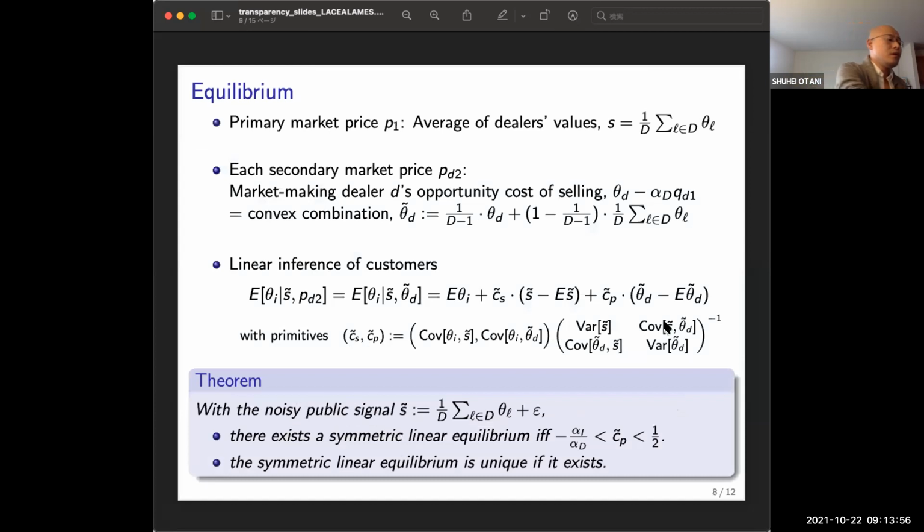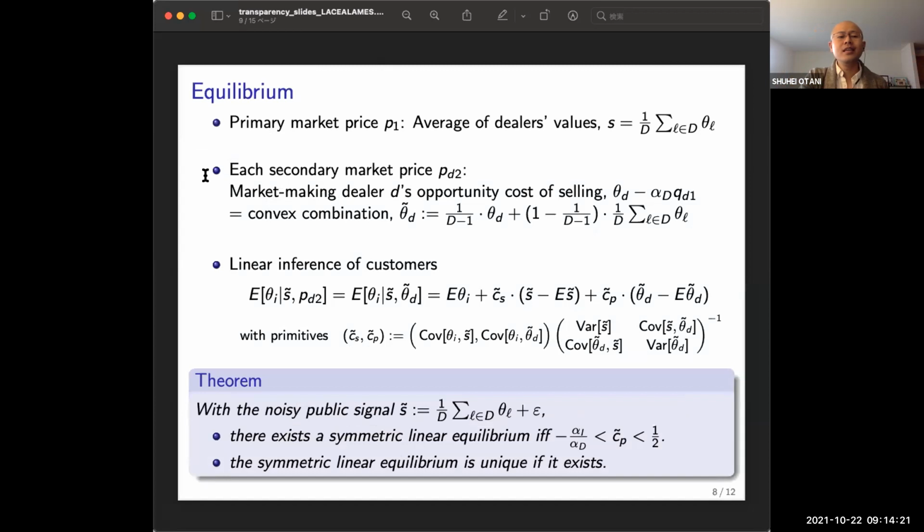And let me briefly overview the key observations of the equilibrium. First, equilibrium primary market price aggregates the ex-ante symmetric dealers' private information with equal weights. So it is informationally equivalent to the average dealer's value realization. So this is what the noisy public signal discloses after the auction.